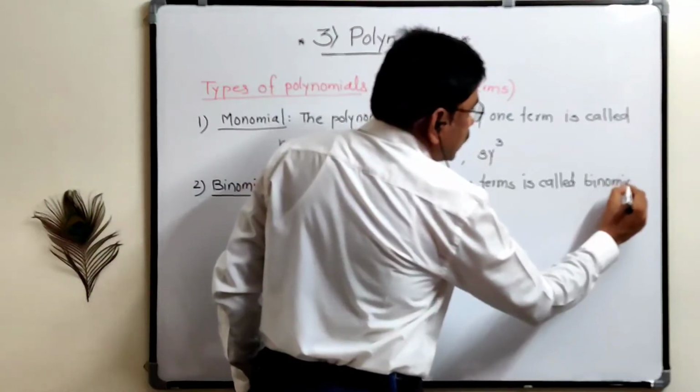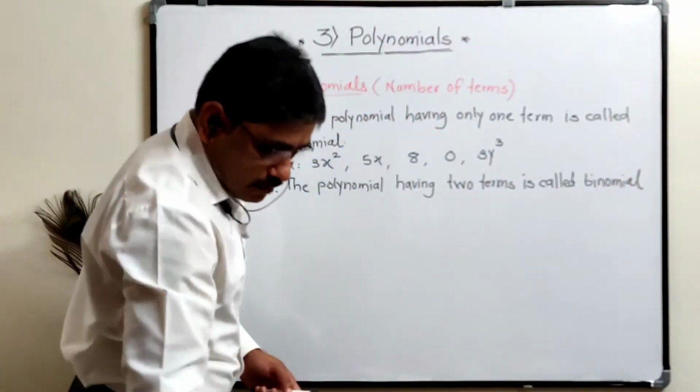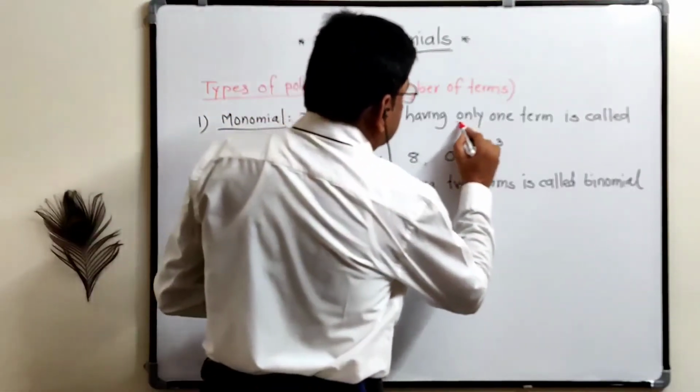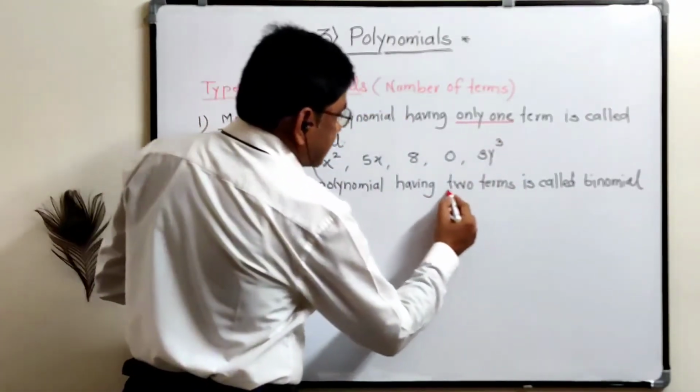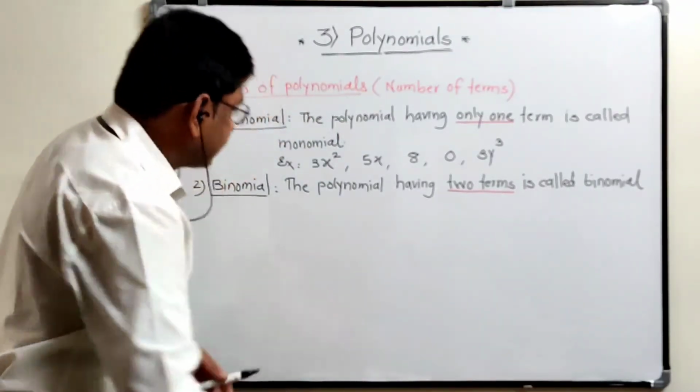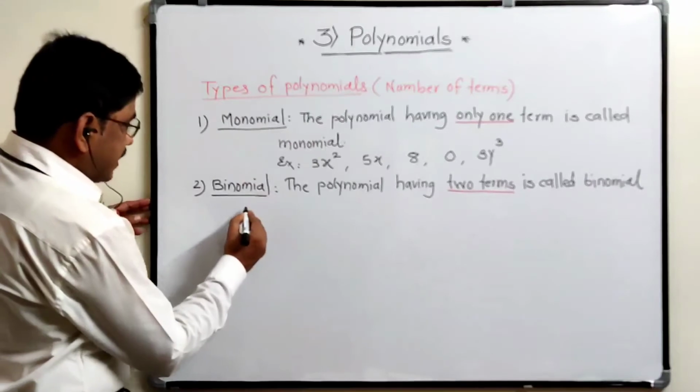Bi means two. So here remember, this contains monomial means only one term. This contains two terms. Binomial means two terms. That is important.